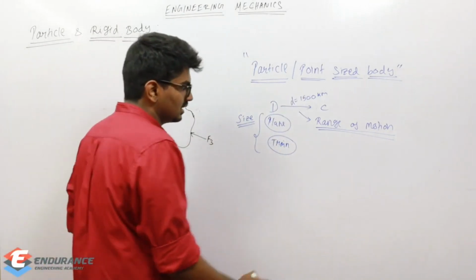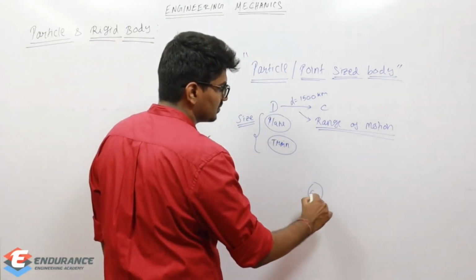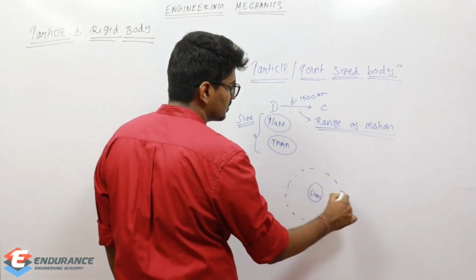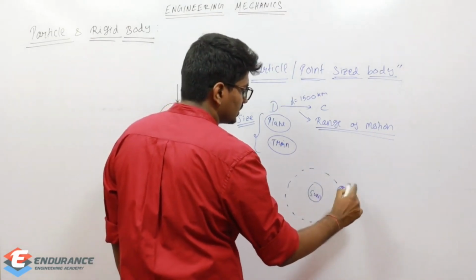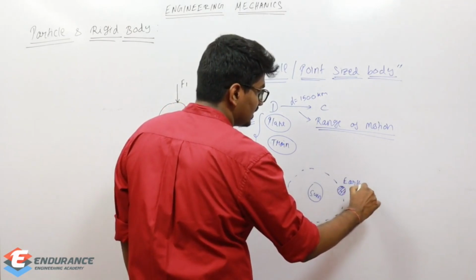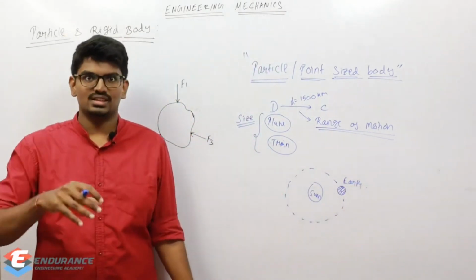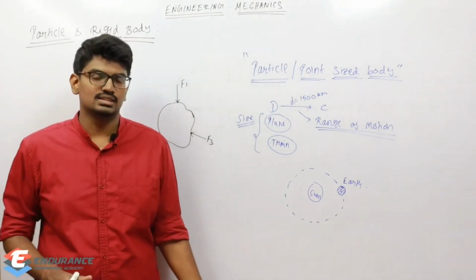Let us consider another example. You consider the sun at the center, and the earth. So earth is revolving around the sun. We know that earth is very big, everybody knows that, and obviously earth is very, very large.